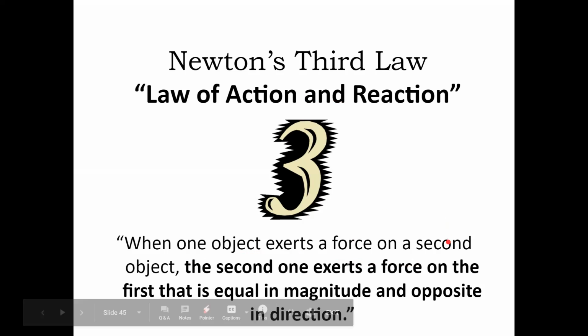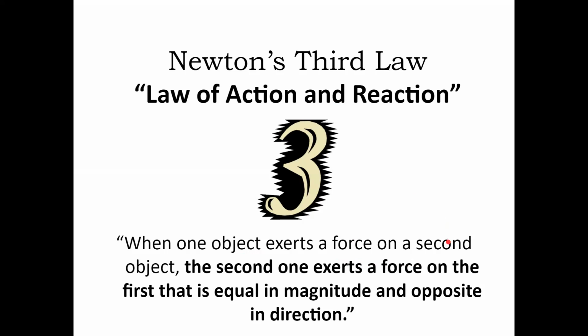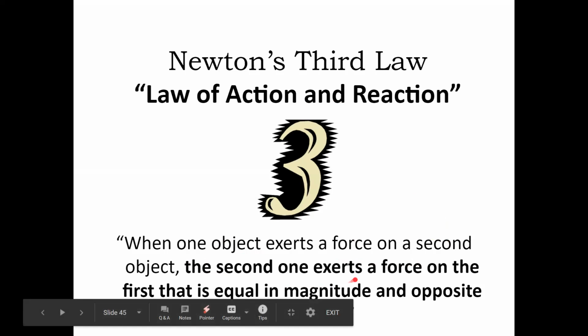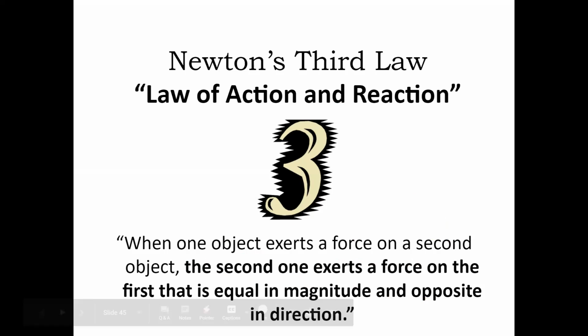on a second object, so they come into contact in some way, the second object exerts a force on the first object that is equal in magnitude, so the same size force, and opposite in direction, so going the other way.